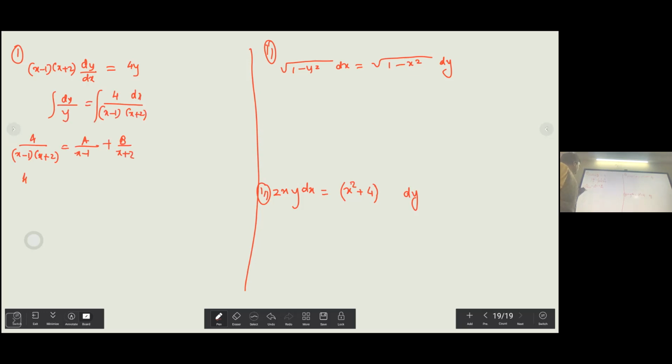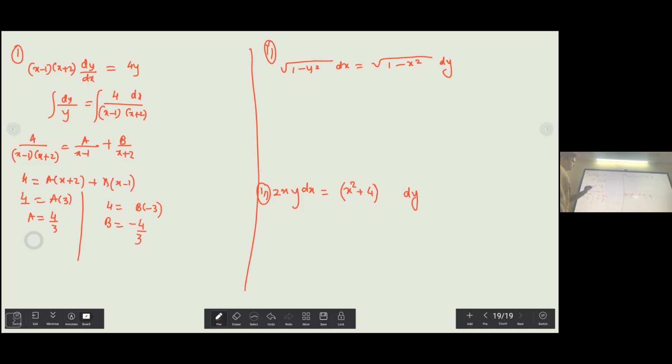So 4 equals a times x plus 2 plus b times x minus 1. Take x as 1 here, so you get 4 equals a times 3, so a equals 4 by 3. Once you have a as 4 by 3, you can plug in x as negative 2. So 4 equals b times negative 3, so b is negative 4 by 3.